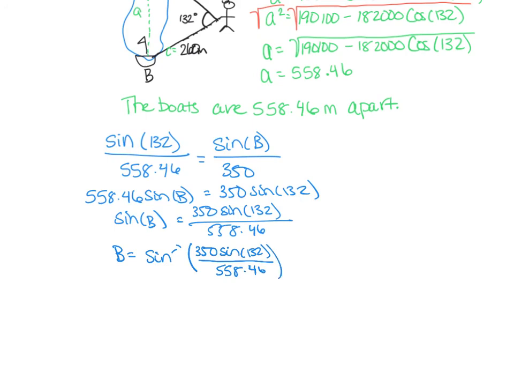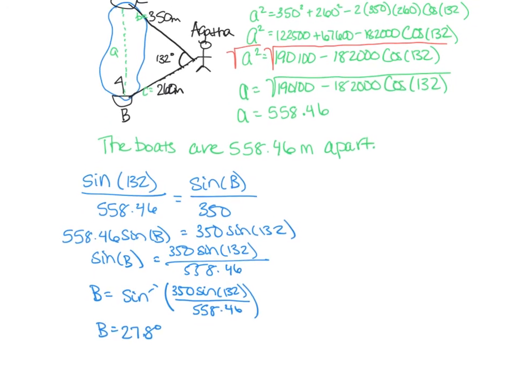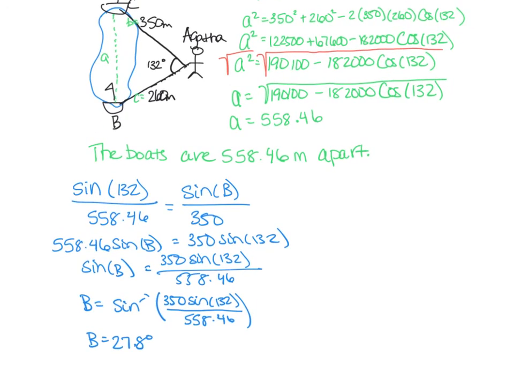Now that I have B by itself, I can plug all of this into the calculator and get B is equal to 27.8 degrees. So let's go back, draw that in here. 27.8 degrees. So we've done our law of cosines part in green. We've done our law of sines part in blue. And the last step we're going to do in yellow is our triangle sum theorem.